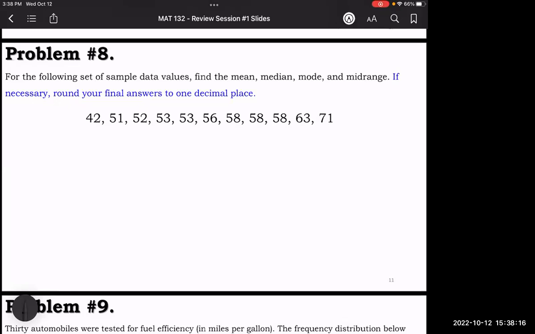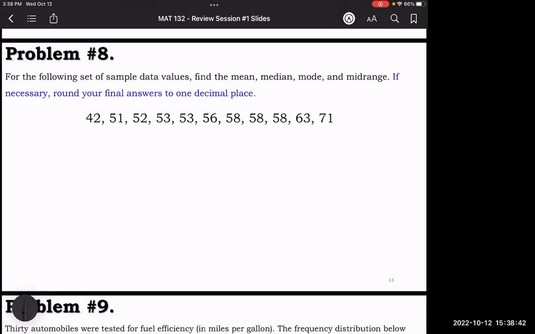If your professor wants you to round it to 1 decimal place whenever it's necessary, round it to 1 decimal place. Do not round it to 2, do not round it to 3. For MyLab purposes, if you round it to, let's say, 2 decimal places, or you're not doing any rounding at all, the problem is marked incorrect and you get the whole thing wrong, okay? So just be mindful of the rounding rules.